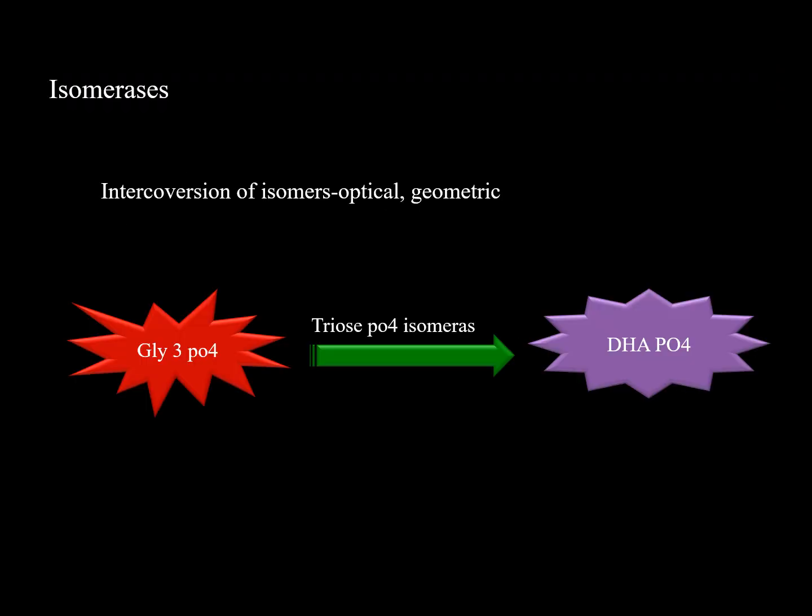Examples of isomerases include racemases, epimerases, and mutases. These enzymes are important in carbohydrate metabolism, where one sugar form is converted into another useful form. They help maintain a smooth flow of metabolic pathways.